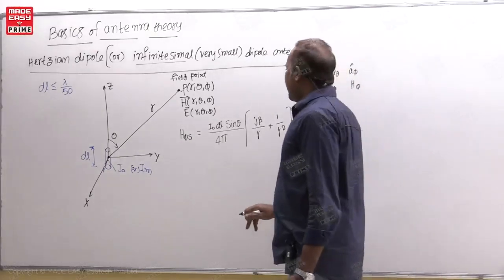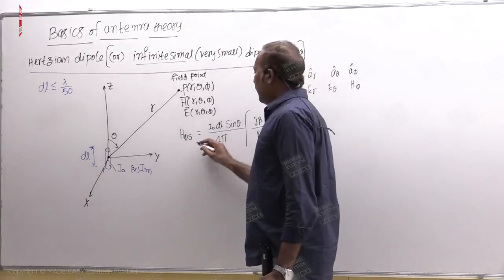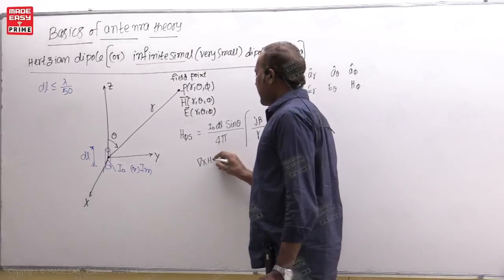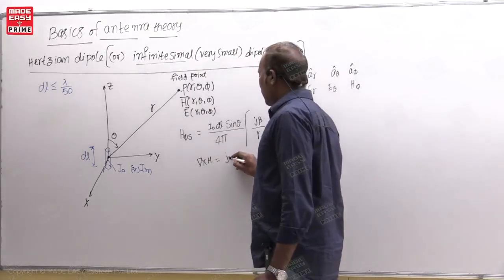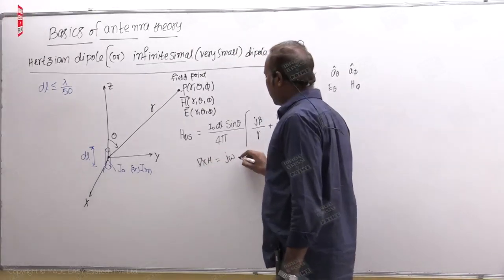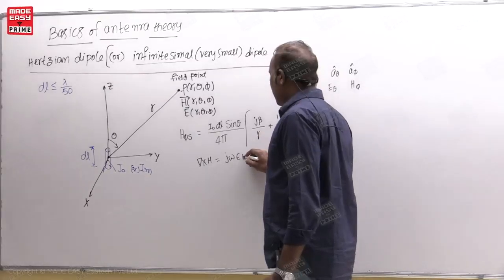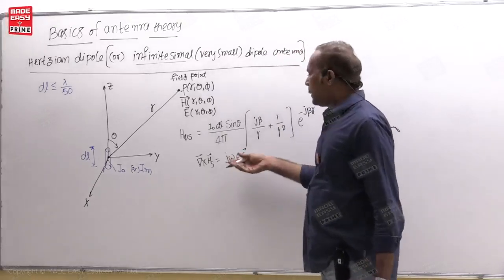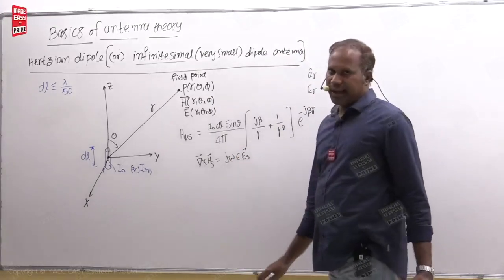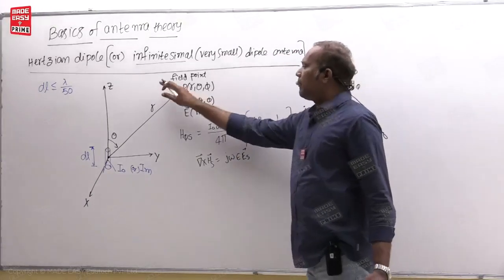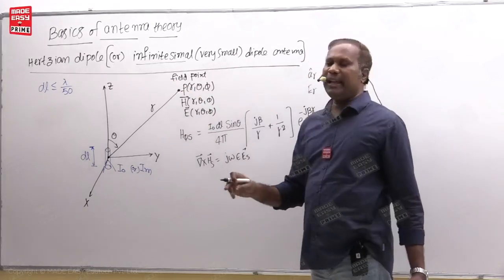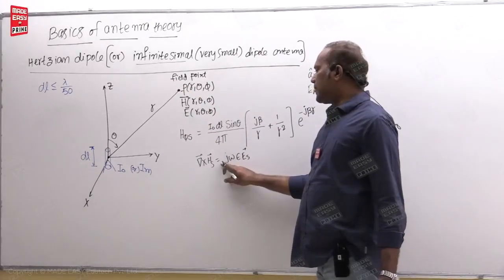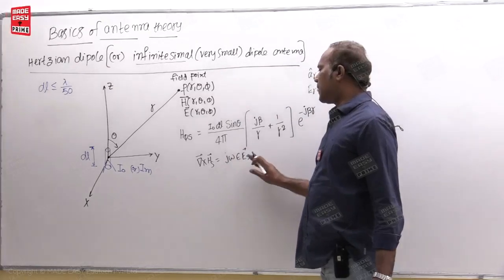Now already I told you, if you substitute this in del cross H is equal to j omega epsilon E, so epsilon E S bar in this formula, automatically you get the electric field equation here, because it is air medium. For air medium, del cross H is equal to sigma E S plus j omega epsilon E S bar.